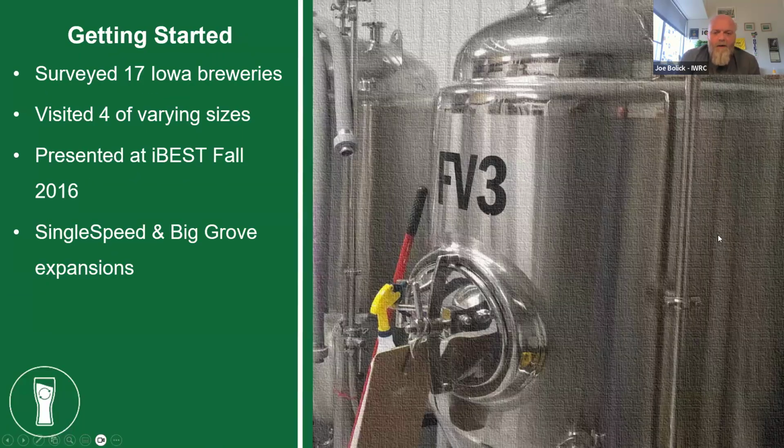When we first started, Jenny kind of hinted at this when she talked, but we do have the luxury at the Iowa Waste Reduction Center to, we're charged with being the environmental assistance provider to Iowa's small businesses. A lot of that historically has been through compliance assistance efforts, P2 efforts, and various things like that.